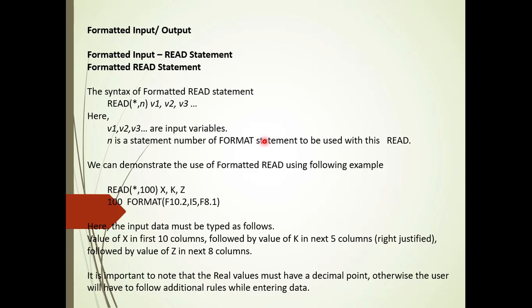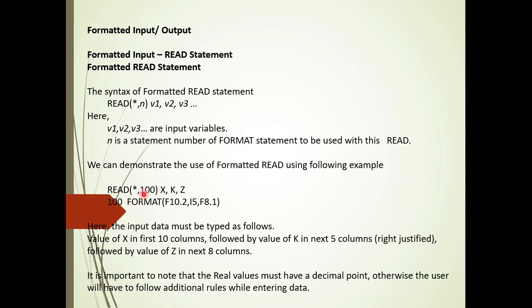Now this is to be used with this read statement. As you know, this statement number is to be written in columns 1 to 5. So we can demonstrate the use of the formatted read statement. Suppose you write here read star comma 100, then you want to read x, k and z.